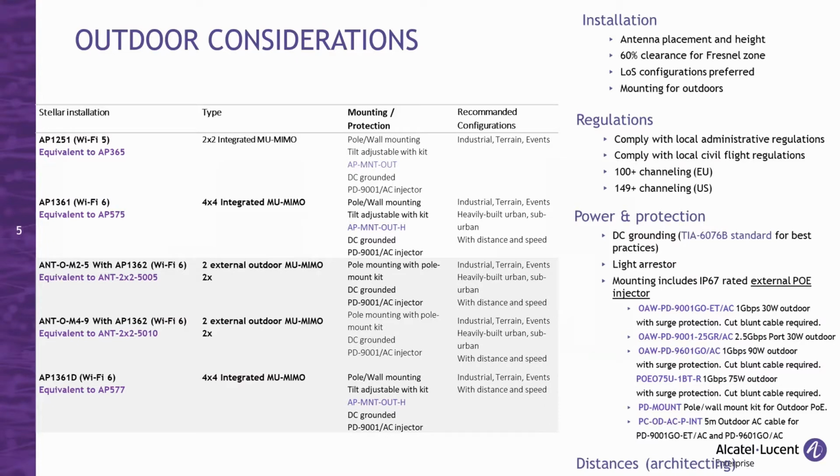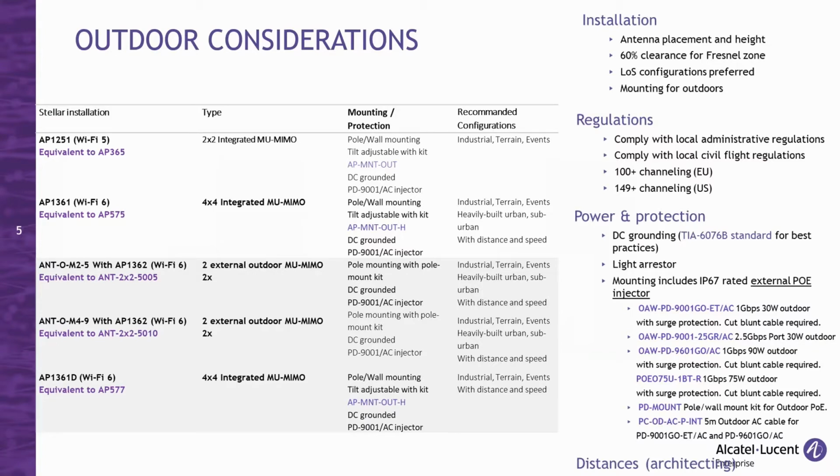The channels used are those of DFS bands for outdoor, with the possibility of setting an EIRP up to 30 dBm of power. It is necessary to protect the installation and the network from electrical discharges by grounding the installation. The antennas must be equipped with surge arrestors, and the mounting kit must always take into account PoE injectors for outdoor use.